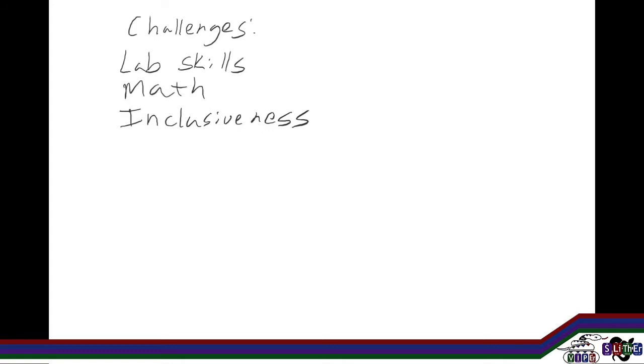But then it came down to how do you decide who needs that? Because if it's self-selection, that doesn't always work well, since you'll get students who don't really need it in there. So how do you have equity and accurately identify the students who need it?